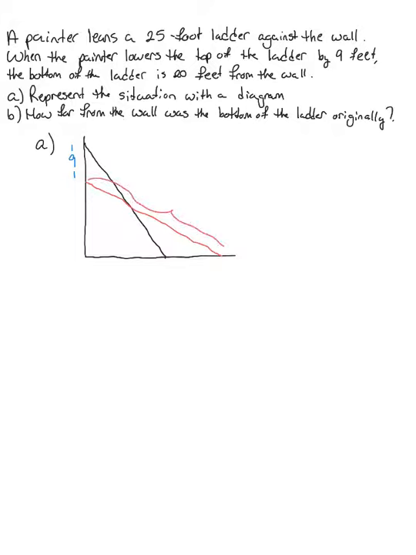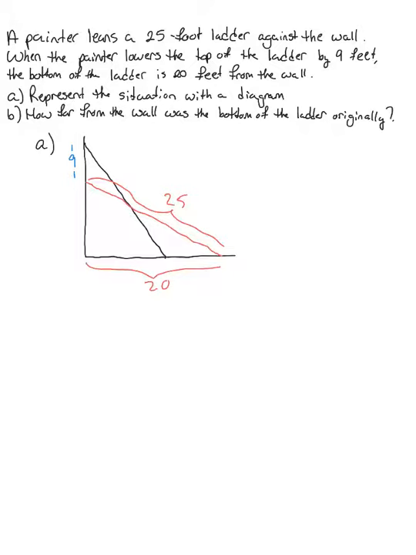So the red here is 25 feet, and then the black is also 25 feet. Okay, and we're also told that after it's been moved, the base is 20 feet from the wall.